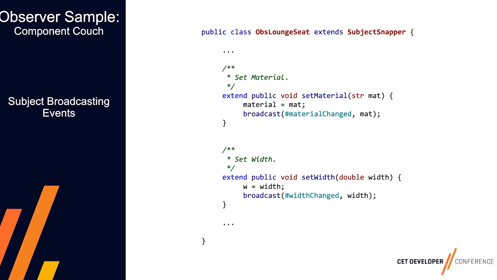This lounge seat, as you'll notice, has a set material and a set width method. When the material is changed, it broadcasts that the material is changed. And when the width is changed, it broadcasts that the width is changed. This would then be piped, based on who has subscribed to the width changed or material changed event, to the respective components.